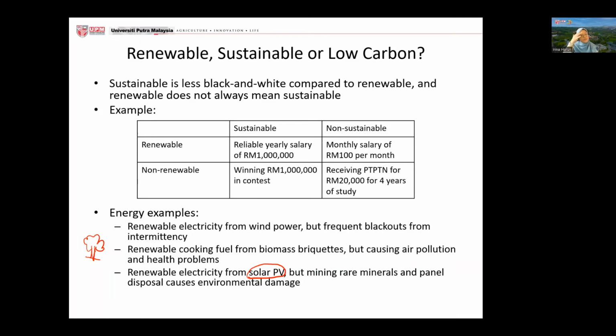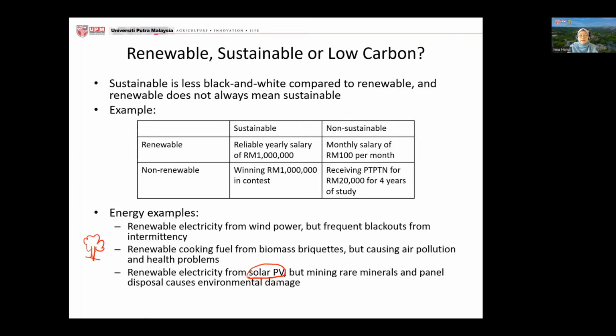But if you think throughout its life cycle, you guys have learned already what is contained inside PV. Those rare minerals that you use to produce solar PV, the mining itself is not always environmentally friendly.